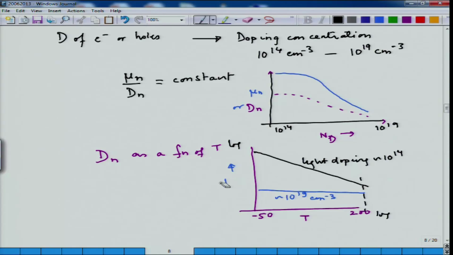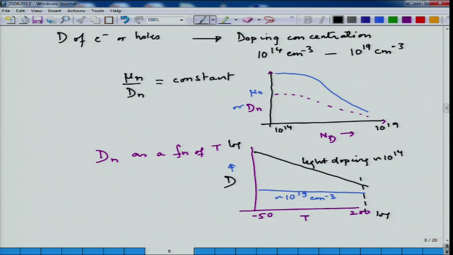So, this is basically the behavior as a function of temperature for the diffusion constant, which also looks similar to that for the mobility, depending on how much doping I have in the semiconductor. This tells me what my diffusion constant is, how it will behave if I change the doping concentration, and how it will behave if I change the temperature for a lightly doped or a heavily doped semiconductor. It is going to follow similar behavior as the mobility of the respective carrier.